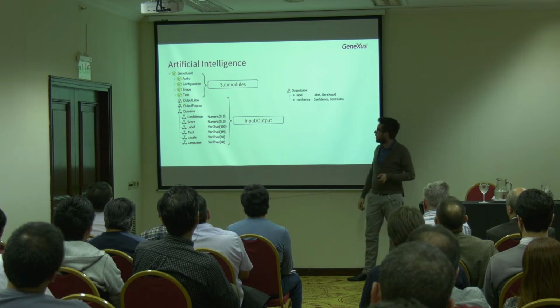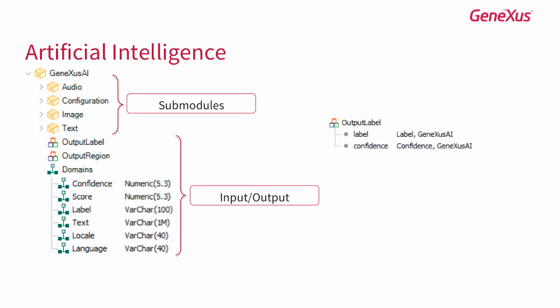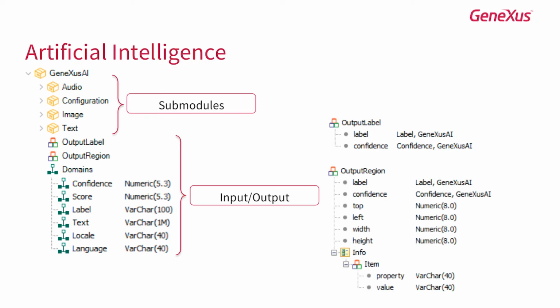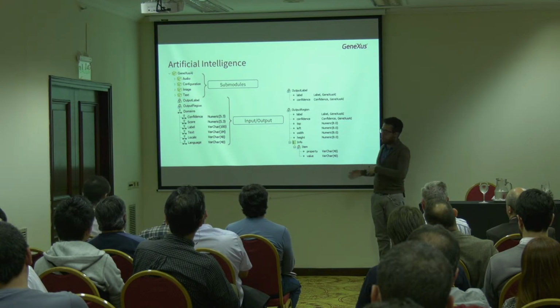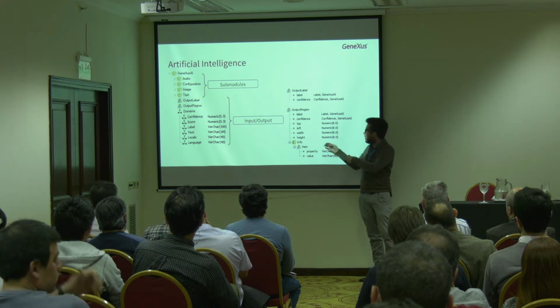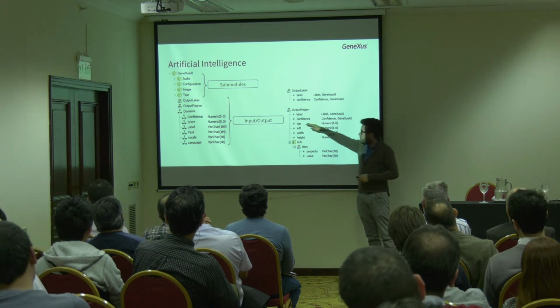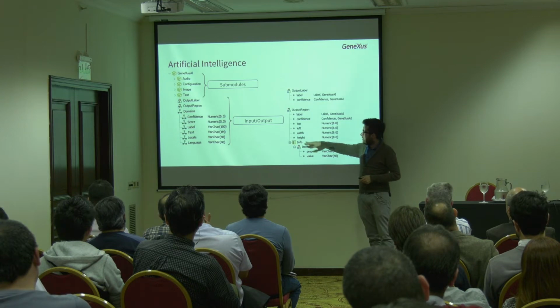The model tells us what's the level of confidence, and then distributions that also has 2 labels, but it's also going to give us a region. Basically, what it gives us is top, left, width, and height.